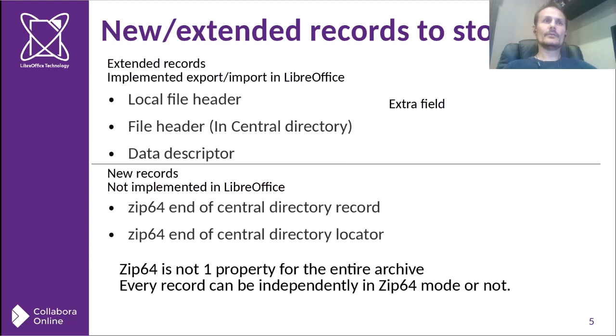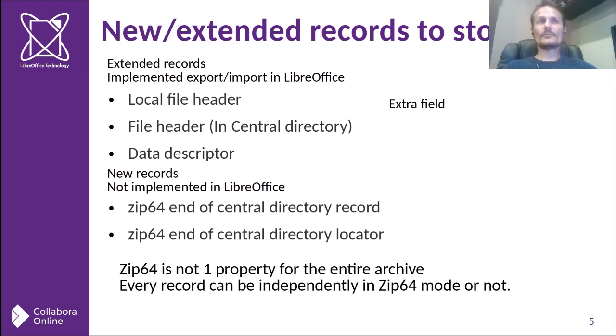And the new records are the Zip64 end of central directory record and the Zip64 end of central directory locator. I didn't implement these last two, I implemented only the first three. When I say implement, I mean I read values from these.